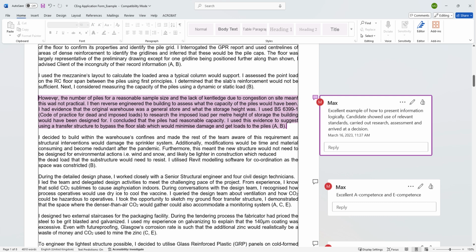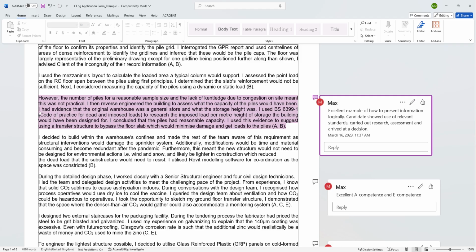So the candidate said, however, the number of piles for a reasonable sample size and the lack of cartilage due to congestion on site meant that this was not practical. I then reverse engineered the building to assess what the capacity of the piles would have been.